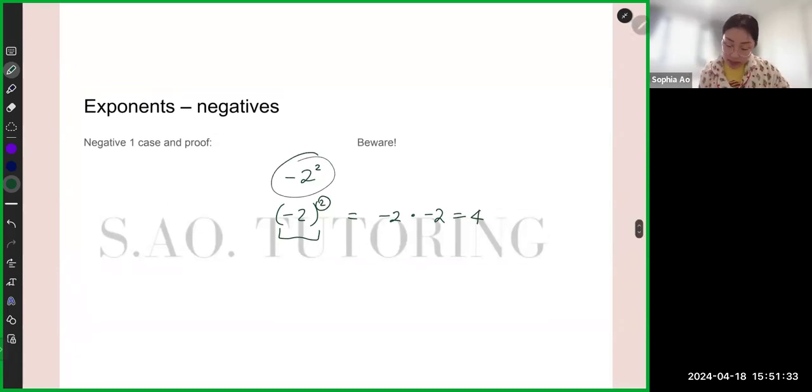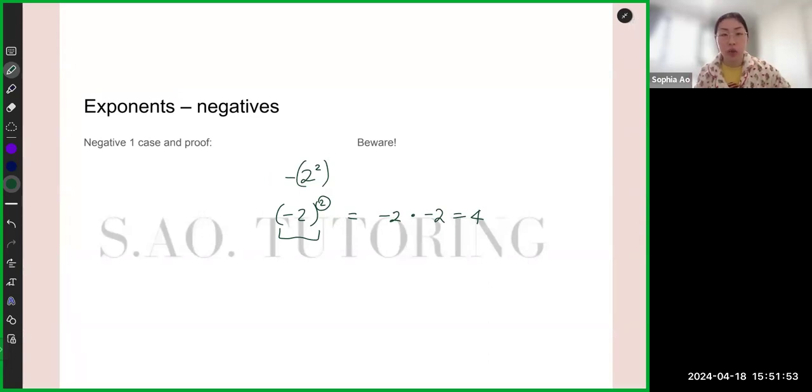Now that is actually a different situation to the first one that I've drawn up over here. This negative, you'll see it's not protected by those brackets over there. That negative is actually separate from the two. Instead, the way that you should actually view that example is it should really look something like that. That would be a nicer way to put it.